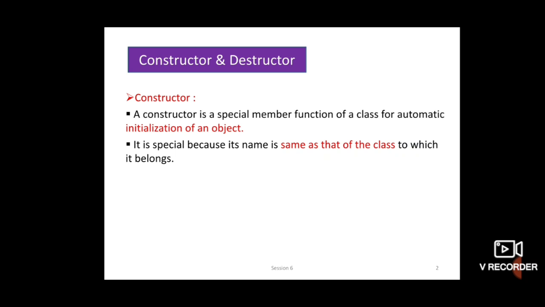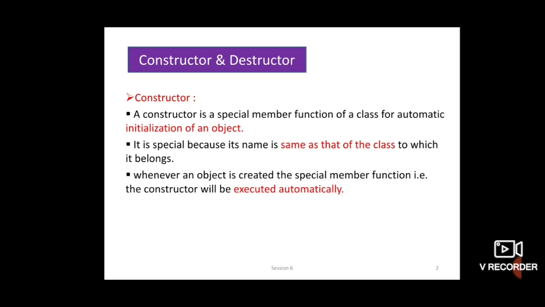But the constructor is not like this. It is not necessary to invoke the constructor, because when an instance or object is created, at that time the constructor is automatically invoked. It is special because its name is the same as that of the class to which it belongs, which means the class name and constructor name are both the same. Whenever an object is created, the special member function, that is the constructor, will be executed automatically.